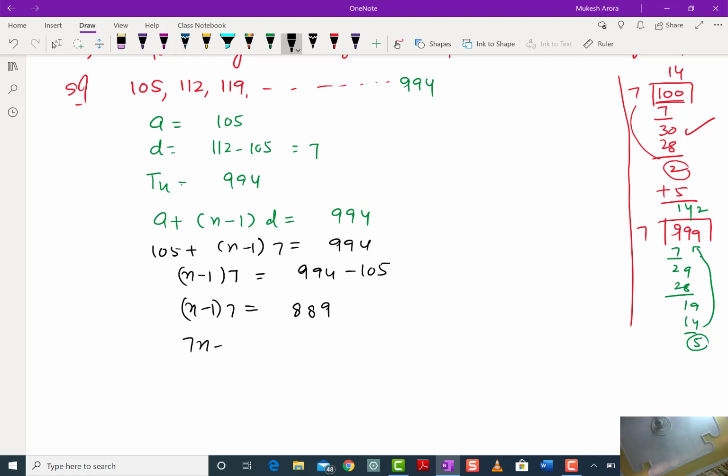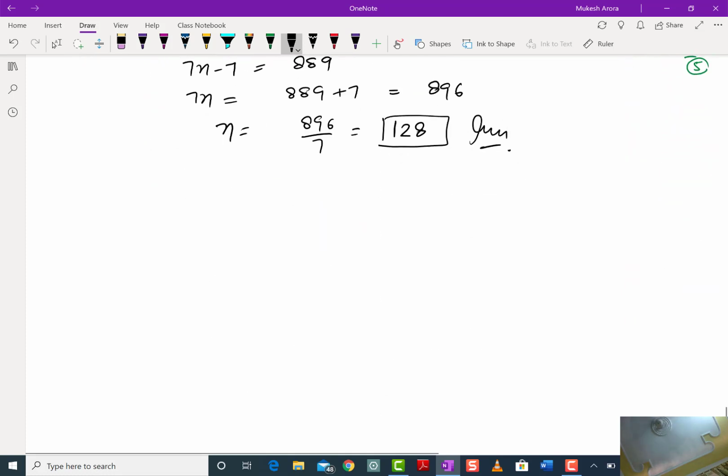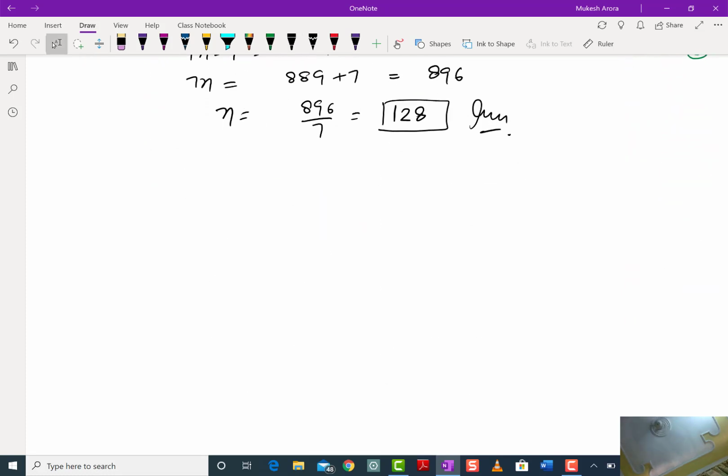So 7n minus 7 is equal to 889. 7n is equal to 889 plus 7, which is 896. n is equal to 896 by 7. 7 ones are 7, 7 twos are 14, 7 eights are 56. So 128 terms are divisible by 7.